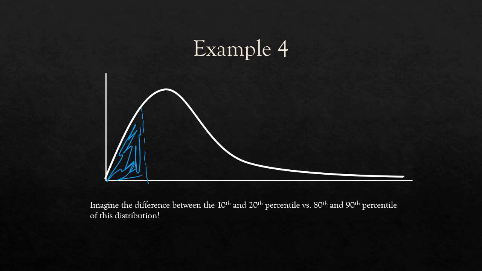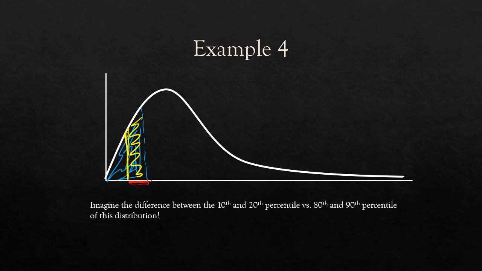And the 10th percentile would be somewhere around maybe here. Now think about where we are on the x-axis, right? We're talking about this little sliver of the graph, which ain't very much. Now, if I talk about the 80th to the 90th percentile, and I guess I should be more clear here, I'm talking about the difference between those x values, right?